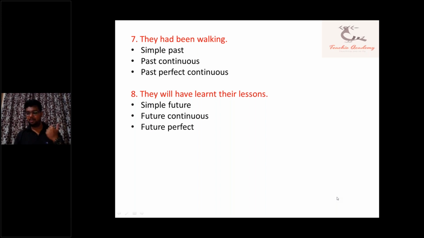Yes, Pinky, see. Do you understand why is it so? Will and learned. Learned is the second or the third form of learn. And along with that, will has been used. So this is future perfect tense.